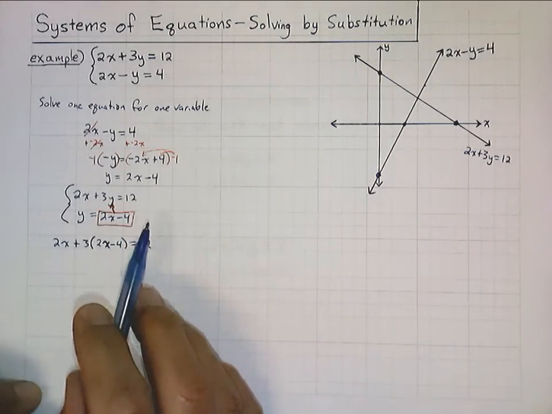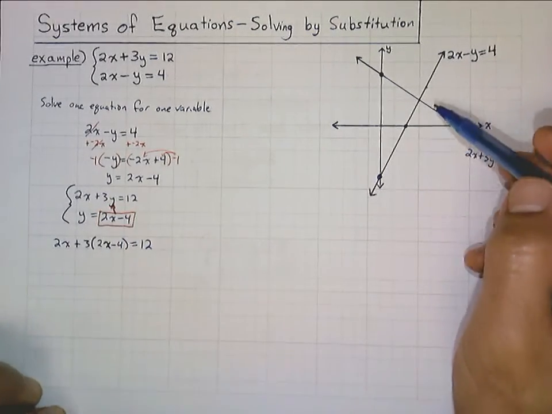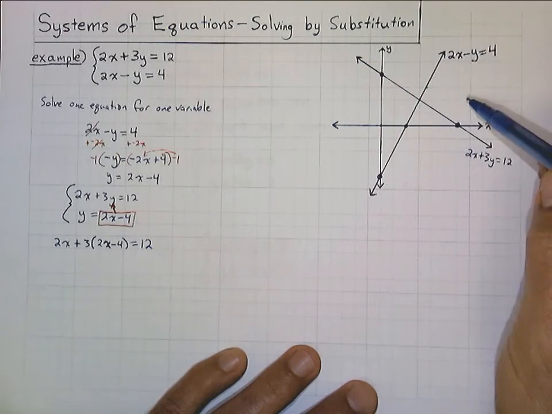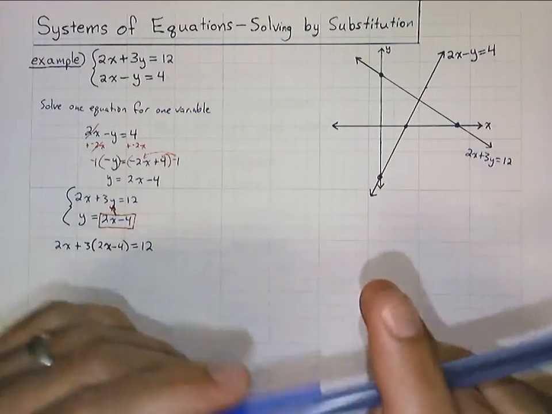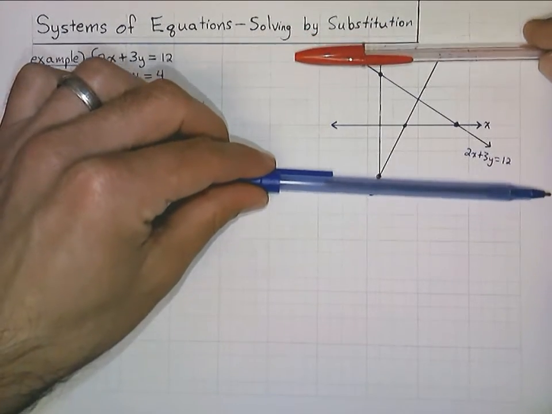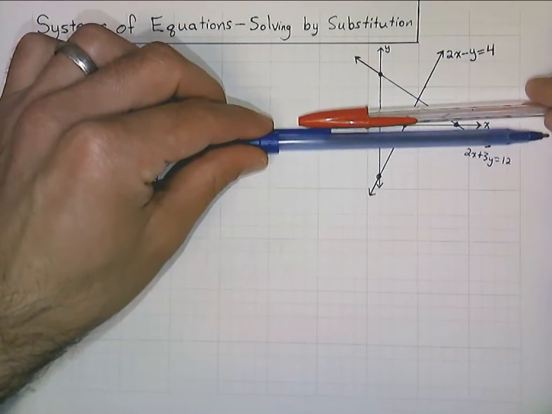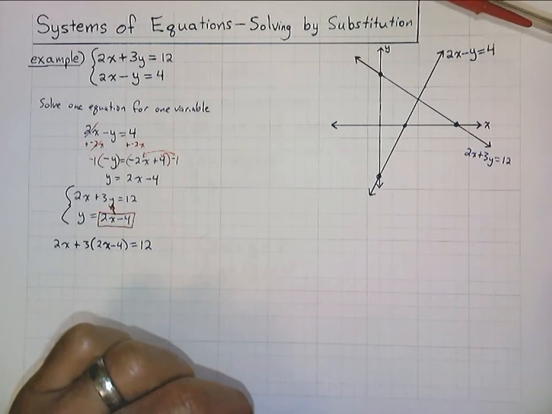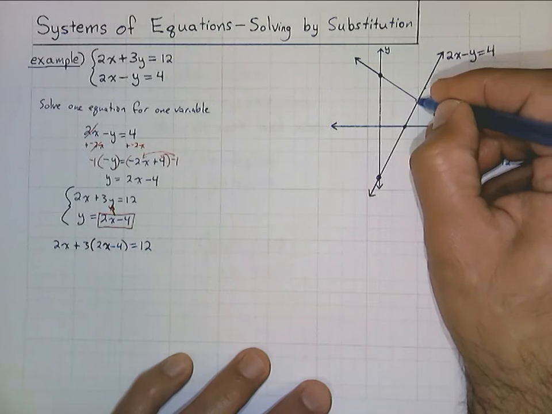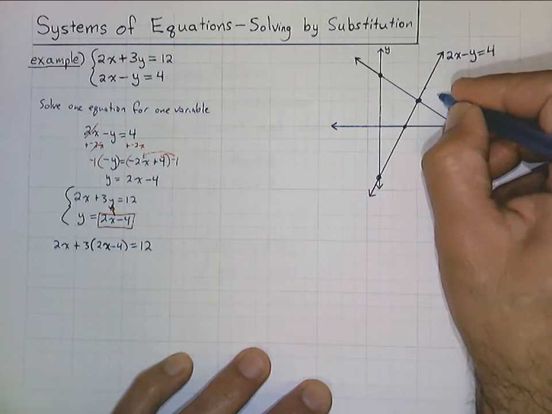So kind of what happened was, notice here we had the entire system graphed in 2 dimensions, the x and the y. Kind of what we're doing is we're taking this whole thing and we're compressing it down to the x-axis by getting rid of the y dimension. So here was the solution, the intersection point.